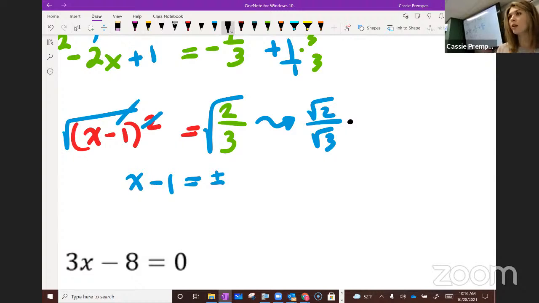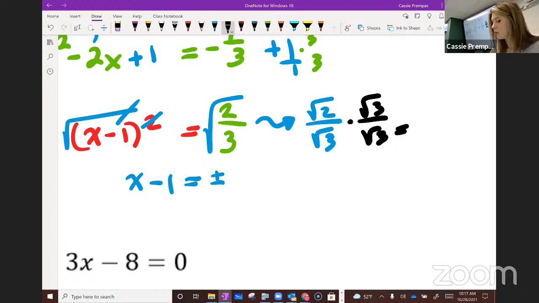You're going to multiply by 1, but in what form? It's going to be a number over a number. Nice, Fiona. √3 over √3. So that you can get rid of the square root in the denominator. Because that'll give me √6 over √9, which √9 equals 3. Okay, so that's plus or minus √6 over 3.